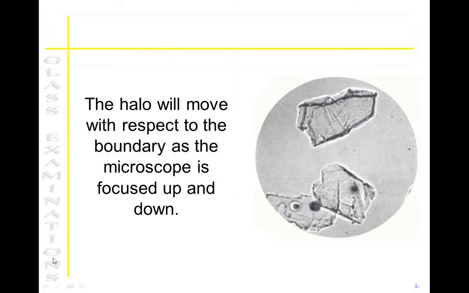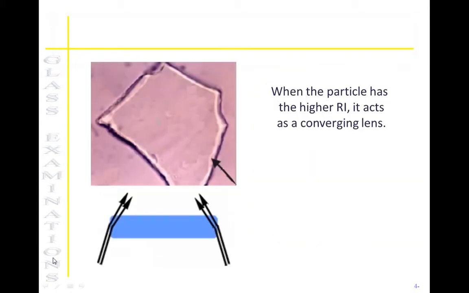The halo will move with respect to the boundary as the microscope is focused either up or down. This occurs because the particle is either acting as a converging lens or a diverging lens.